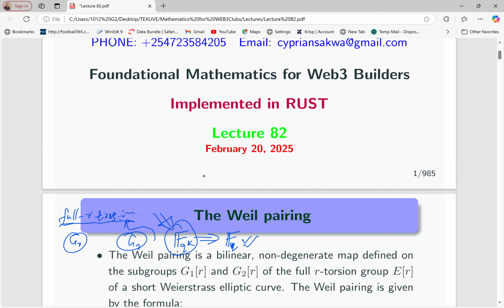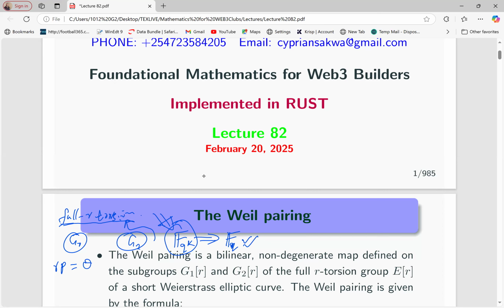So how are we getting the elements? Once we have the elements of this field, we're getting those which, when multiplied by R, would give us the identity.